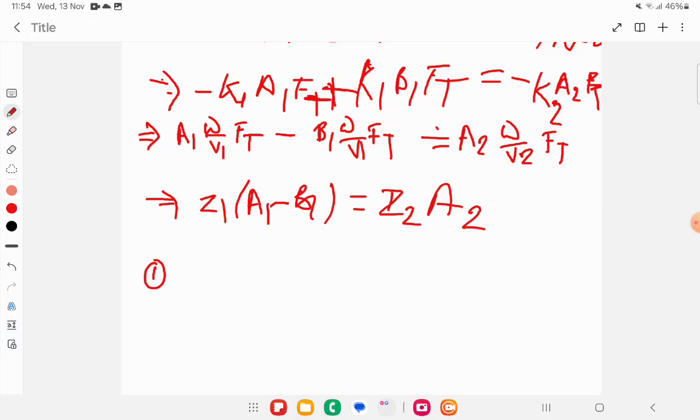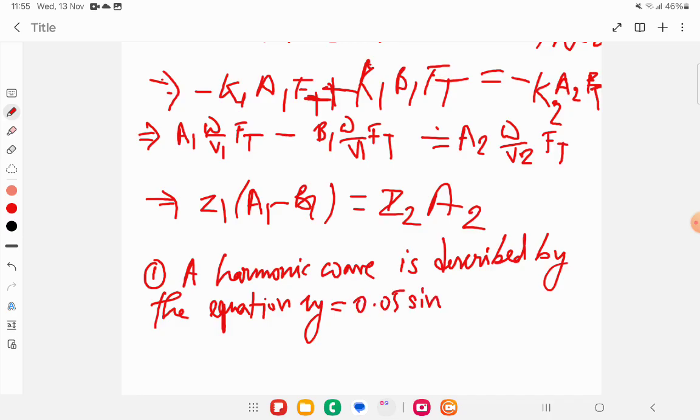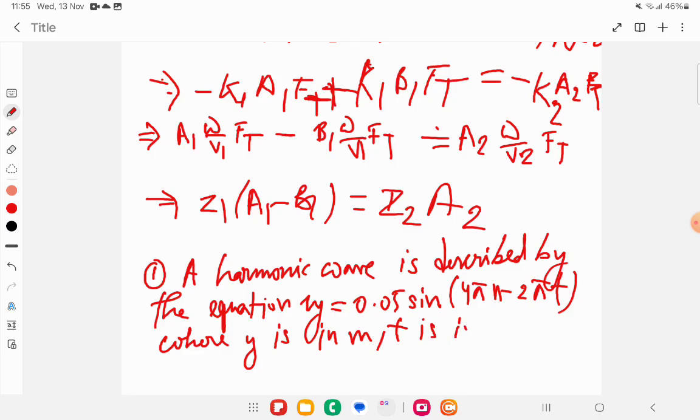A harmonic wave is described by the equation y is equal to 0.05 sin(4 pi x minus 2 pi t), where y is in meters and t is in seconds.